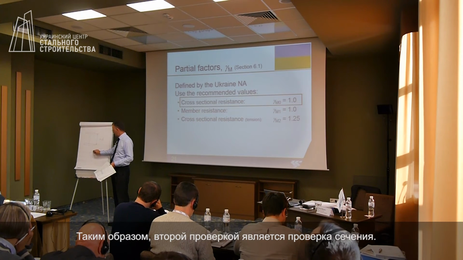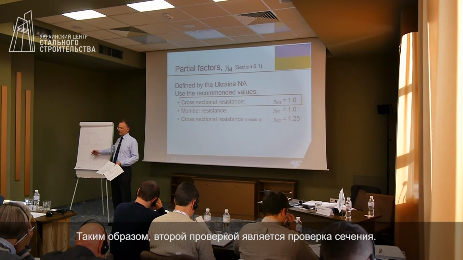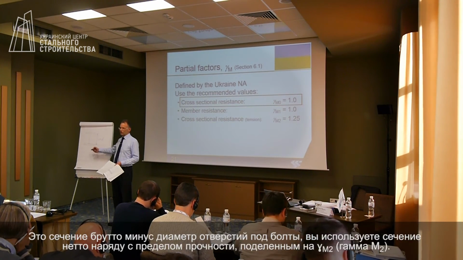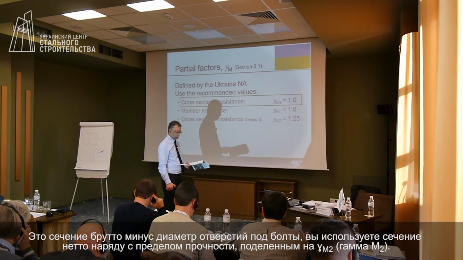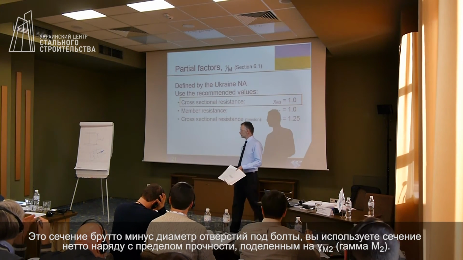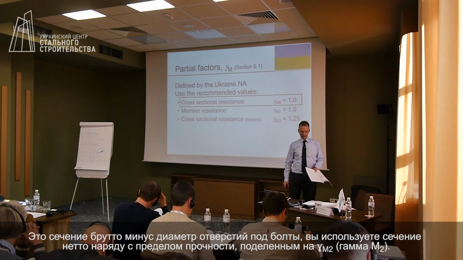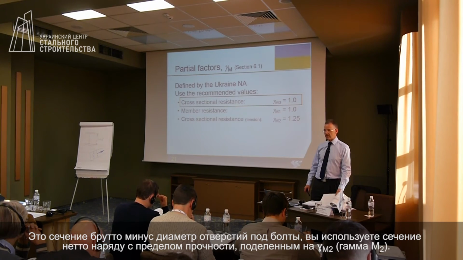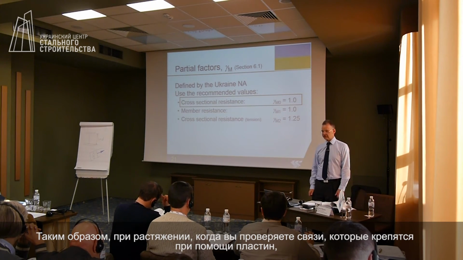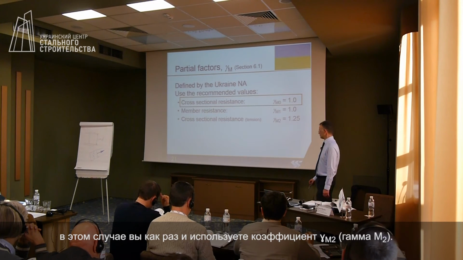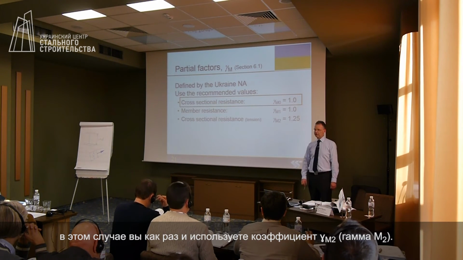So the second check would be to check the net area. So the gross area minus the diameter of the holes, you would use it with the ultimate strength, but divided by gamma m2. So for things in tension, like bracing made out of flat plate, that's where you would find gamma m2 being used.